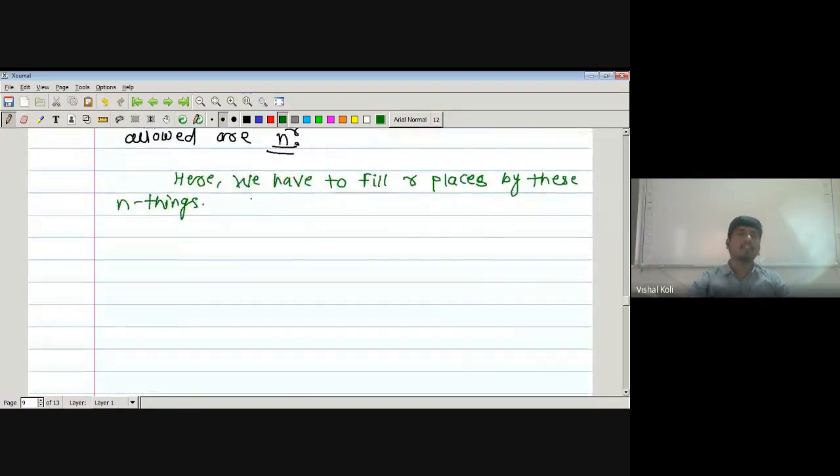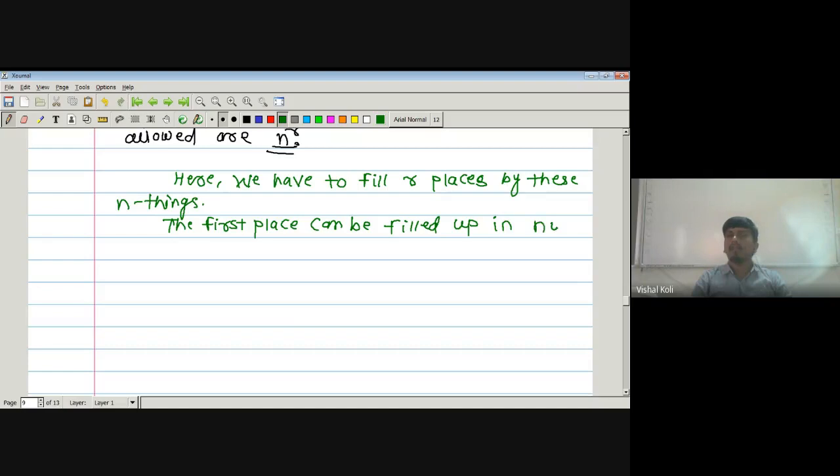So the first place can be filled up in n ways, since we have to fill up these r places by taking the n things. So there are n possibilities for the first place, and it can be filled up in n ways by taking one of these n things.